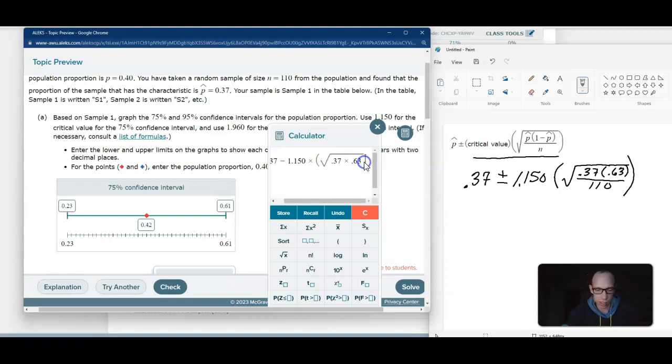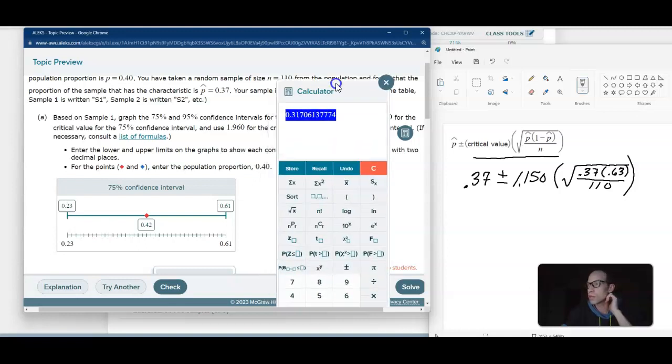There we go. Just highlighted them and hit divide by. And then I'm going to get outside of the square root there and press enter. So we get 0.317. Looks like we need two decimal places. So we need 0.32. That's our left side here.